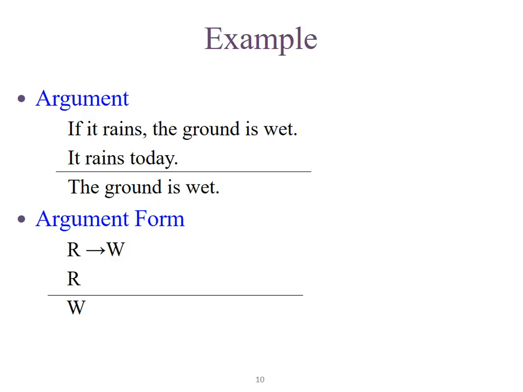Okay, so maybe you will think it's right because it rains and the ground is wet, and it actually rains, so the ground is wet. So maybe we can see arguments. Okay, now write down some argument which is not valid on your paper.